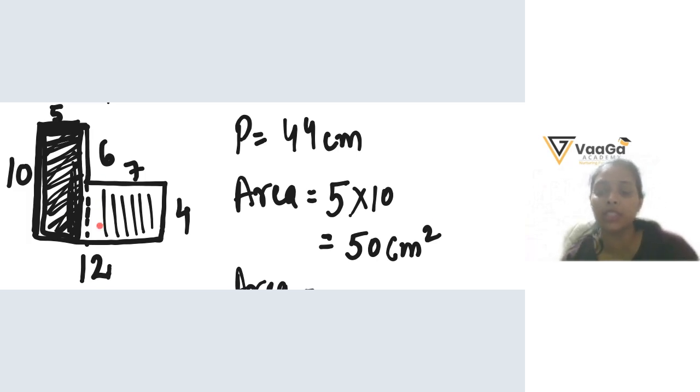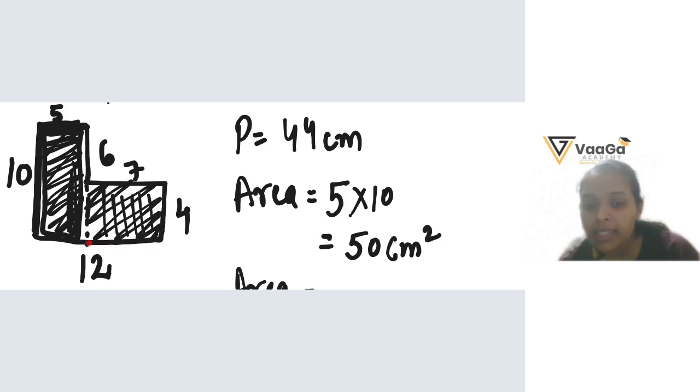Okay, now tell me the area for the next one, for the horizontal. That will be 12 into 2. How did you get 2? Because 12 and 12 here. This is the horizontal rectangle.